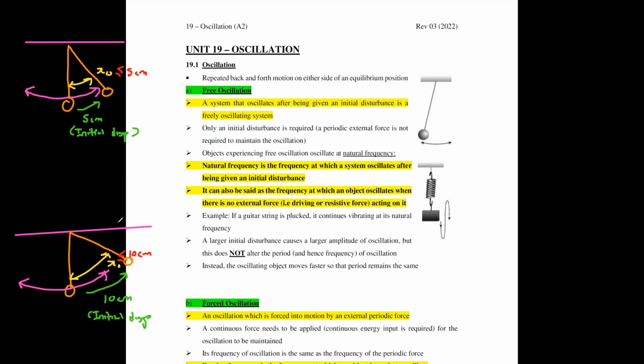Okay, but what is of interest to you is the period of its oscillation. While we know that a larger initial disturbance gives you a larger amplitude of oscillation subsequently, what happens to the period and the frequency? This one, you can say that it probably has a period of, say, T1. Maybe I give you a period of, say, 2.5 seconds for this particular case.